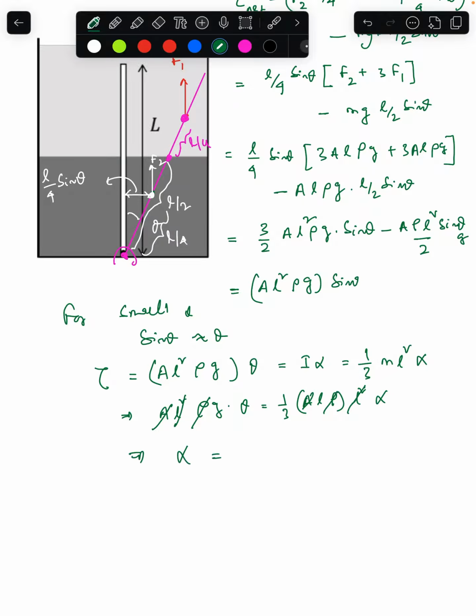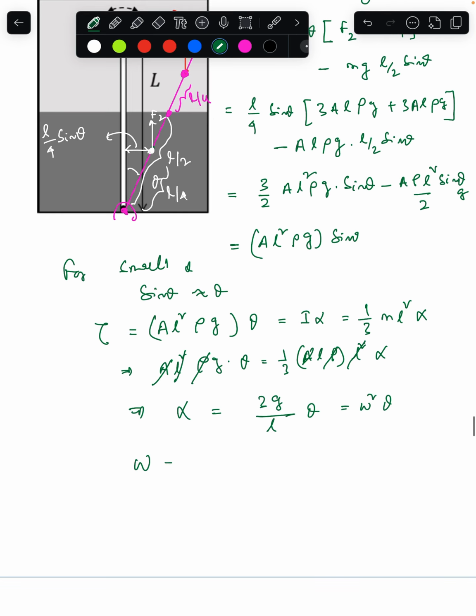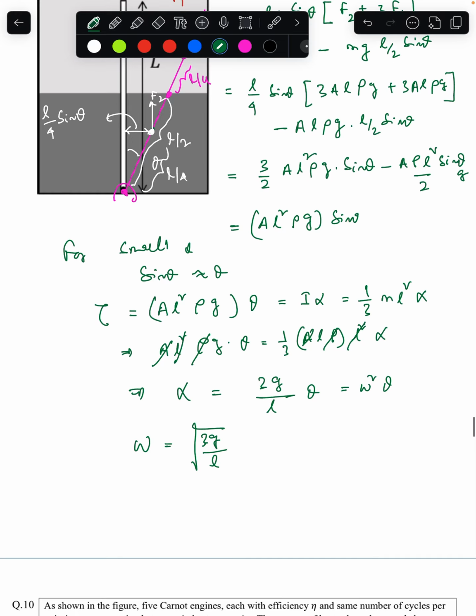So alpha is 3g by L into theta, which is equal to omega square into theta. By comparison, omega becomes under root of 3g by L. So T will become 2 pi under root of L by 3g.